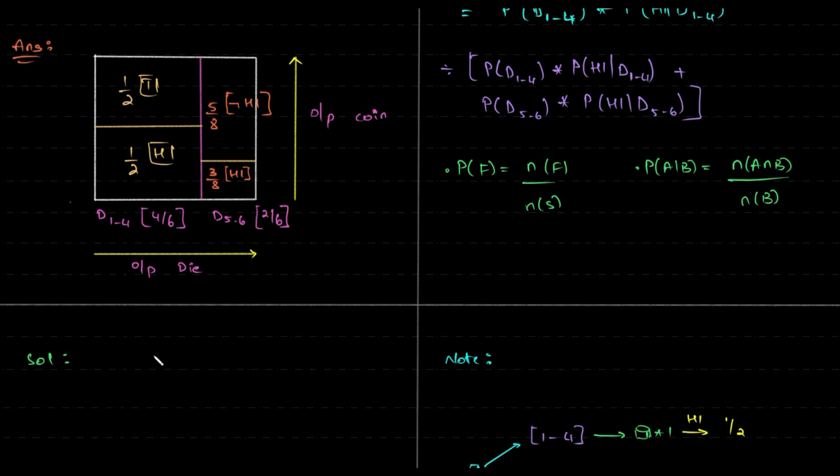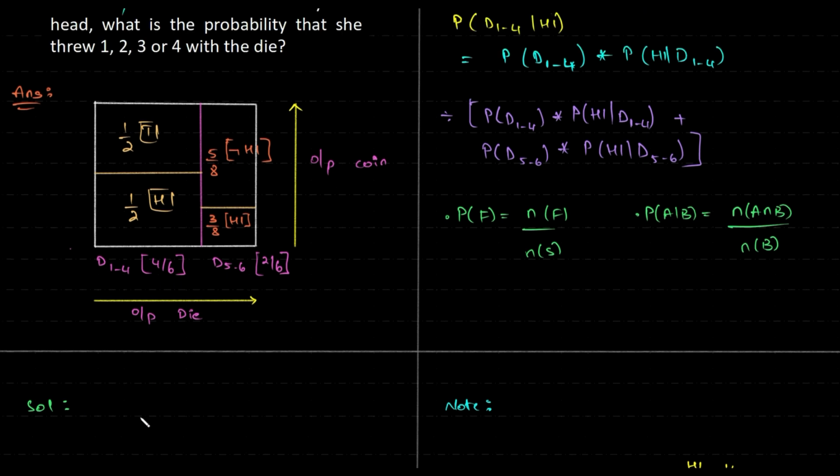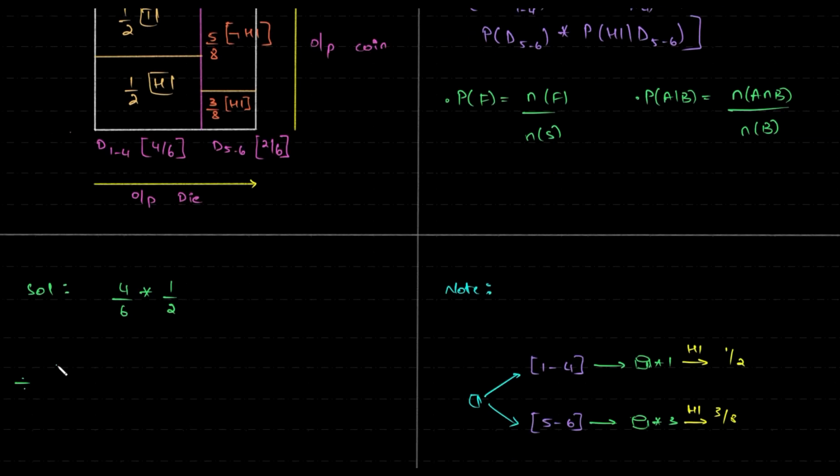So in the numerator, we have 4 by 6 into 1 by 2, divided by, so let's calculate this, 1/3 plus 2 by 6 into 3 by 8.